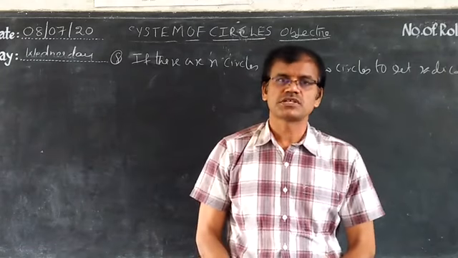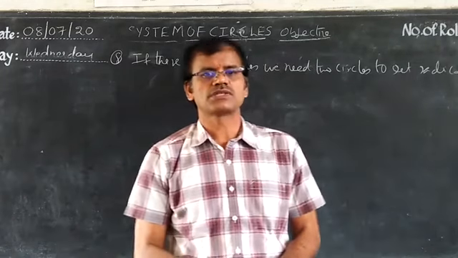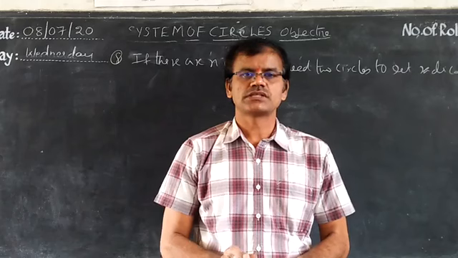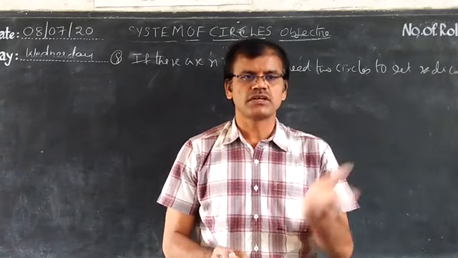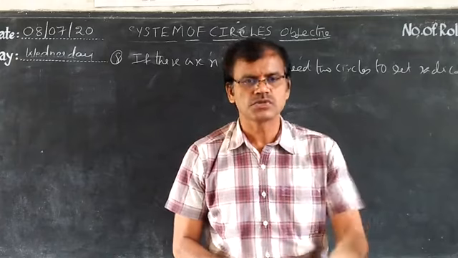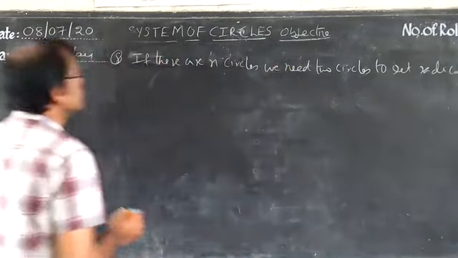I said in yesterday's day 4 class that the definition of the radical axis is the locus of points whose powers with respect to two circles are equal, whether the point is inside, on, or outside the two circles.